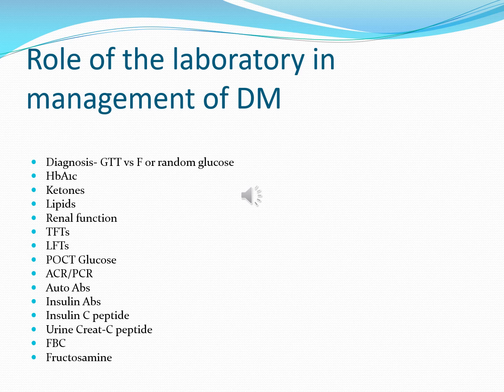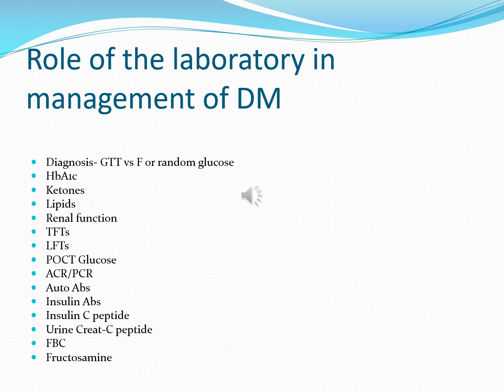Lipids, remember diabetic patients are high risk for developing dyslipidemia. Renal function, one of the complications is nephropathy, so you need to think about renal function in terms of albumin creatinine ratio and serum creatinine, eGFR. Thyroid function tests, you want to be checking those.